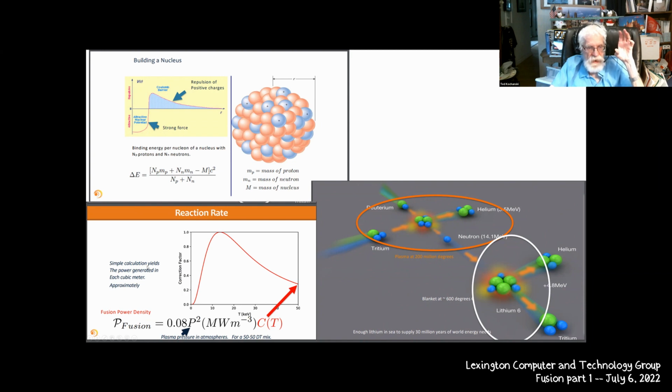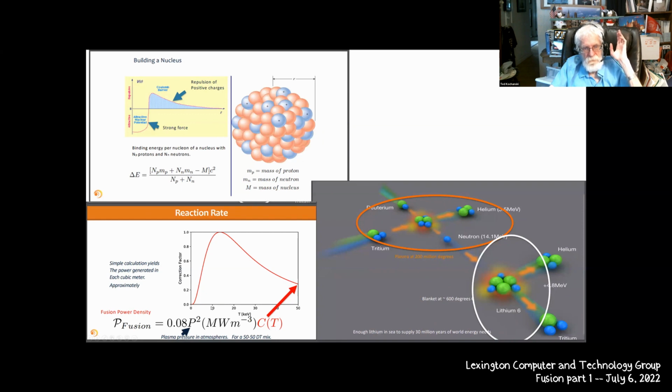However, the reaction rates are still going to be small unless you get to really high temperatures. So again, this is in Kelvin, but that translates: 10,000 degrees Kelvin is 1 electron volt.